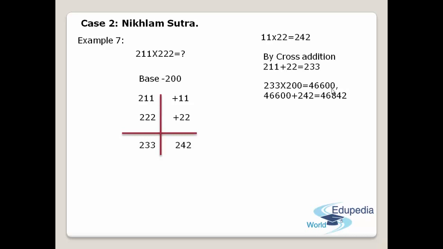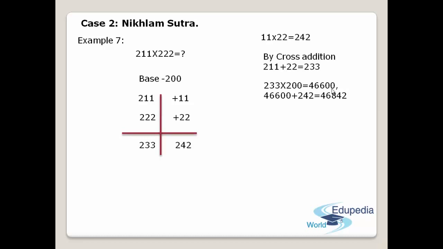If you add this, you will get 46,842. So when you multiply 211 and 222, the product you get here is 46,842.